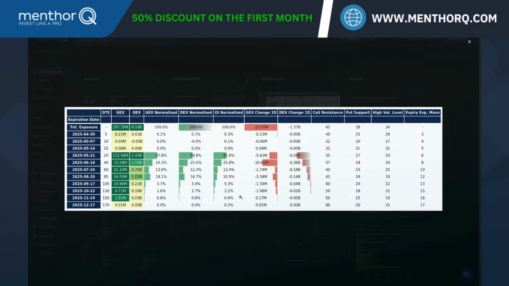So we can see the amount of GEX that is going to expire in the various days. For example, very, very little until we get to the May expiration, and you see there's 112 here.